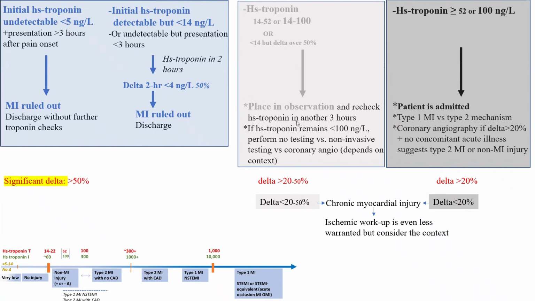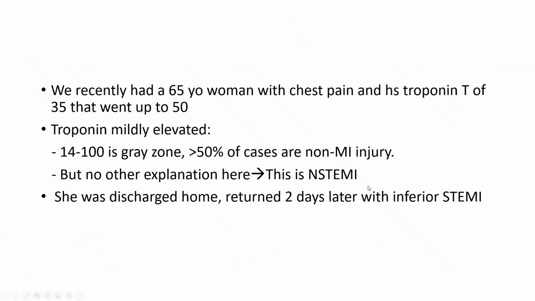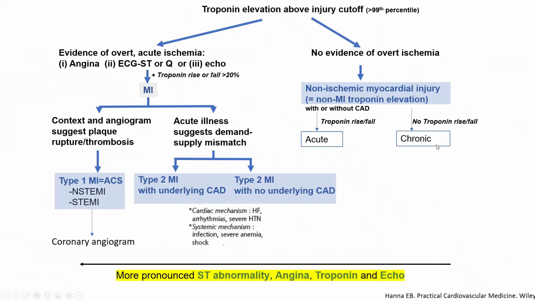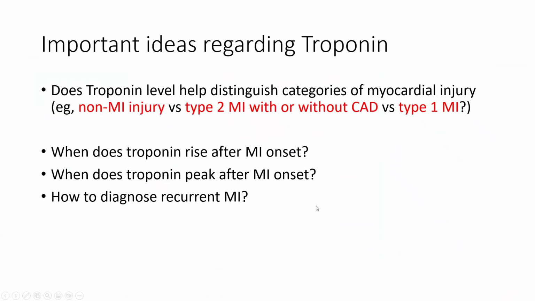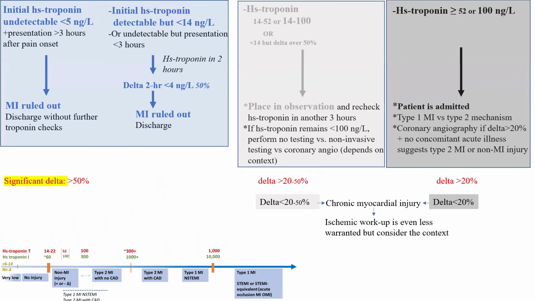Now, if delta in those zones is less than 20%, this is what we call a chronic non-MI myocardial injury. In those patients, ischemic workup is even less justified than in that gray zone.